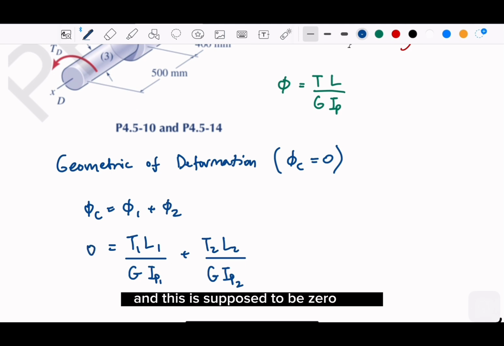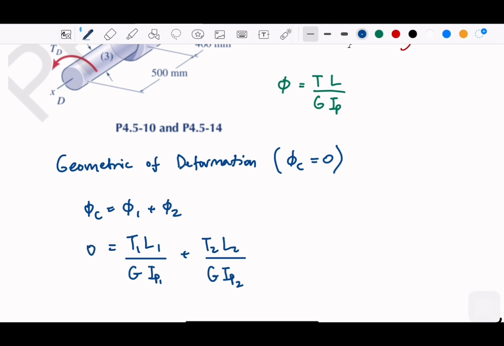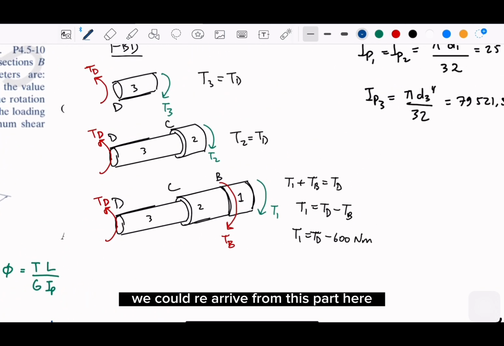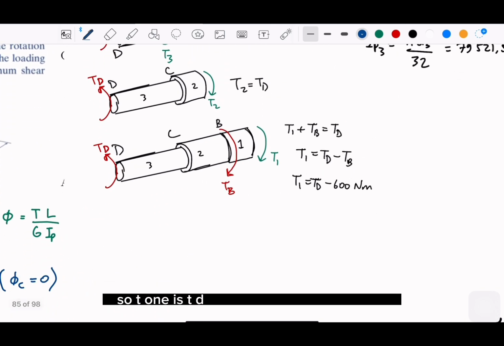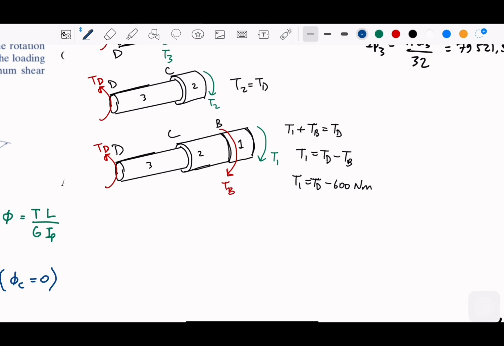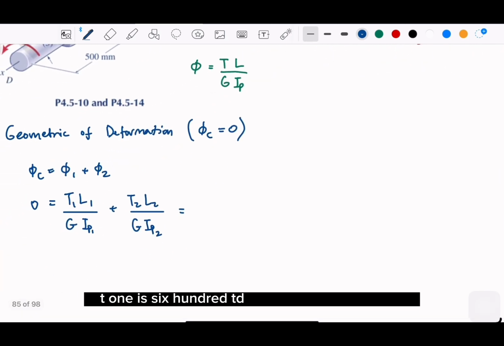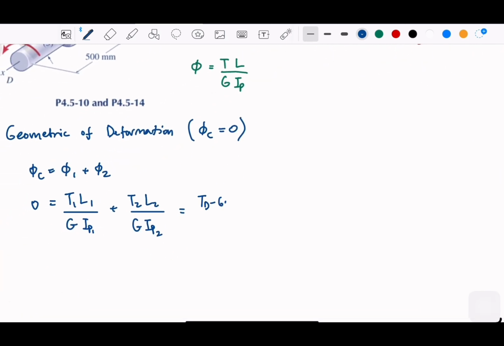And this is supposed to be 0, right? And T1 and T2 we could rewrite from this part here. So T1 is TD minus 600, T2 is TD.